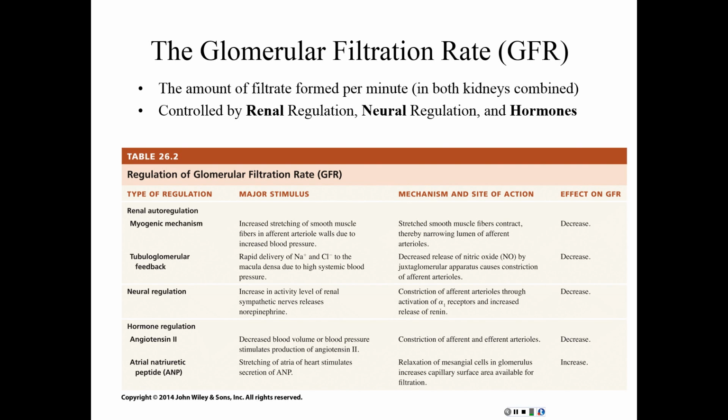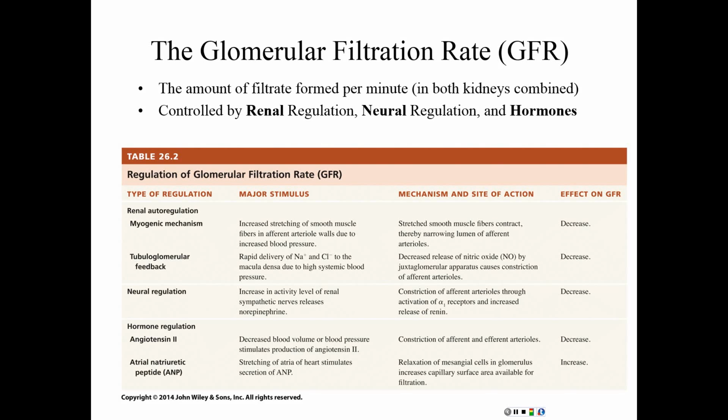Again, these are things that control glomerular filtration rate. The first few are under the category of renal autoregulation. Renal autoregulation is basically the fact that the kidney has its own feedback mechanisms, two of them here, that control the rate itself. So the kidney auto-controls some of the glomerular filtration rate.